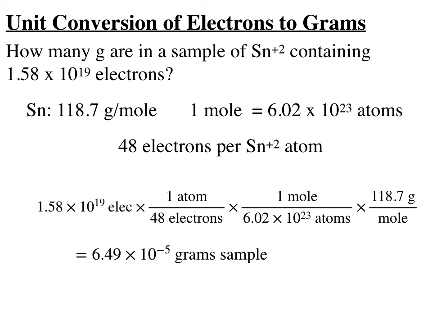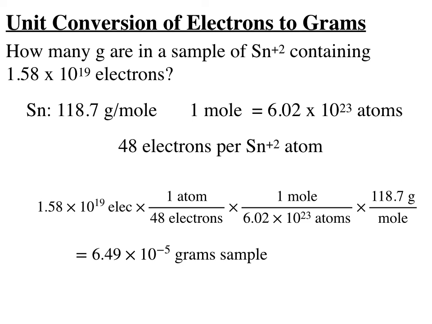Well, the first thing you might recognize is that that is not the molar mass of tin plus 2, that's the molar mass of tin. And we're missing quite a large number of electrons when we determine that mass. Well, what I would point out to you is that the mass of an individual electron is so light, about 1,800 times lighter than the other nucleons, the neutron or the proton, that even leaving out that huge number of electrons from the sample, it will only change the significance of this tin molar mass into the fourth digit.